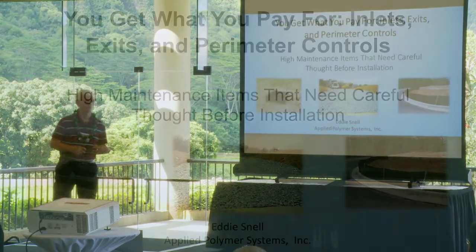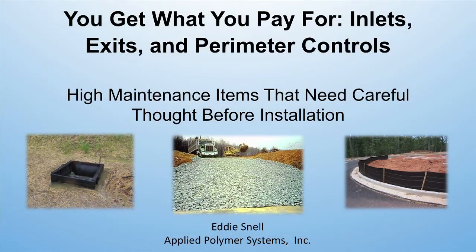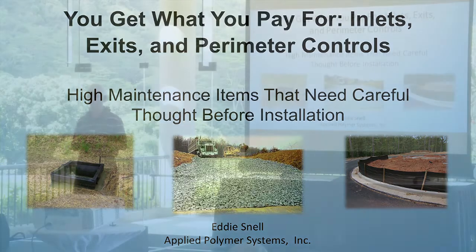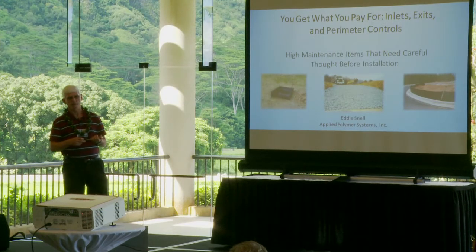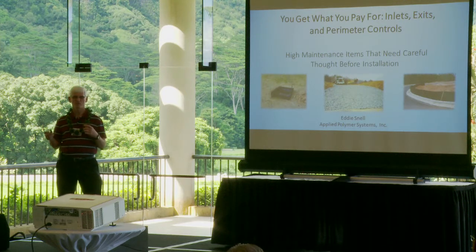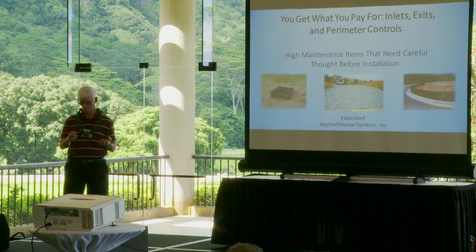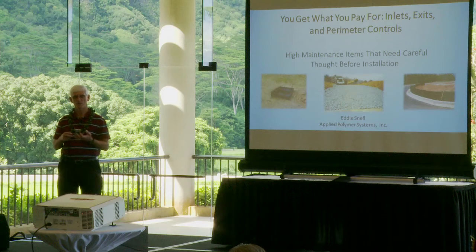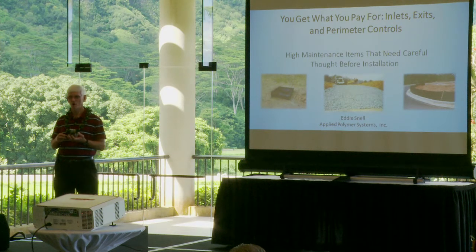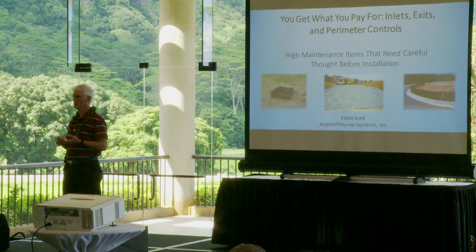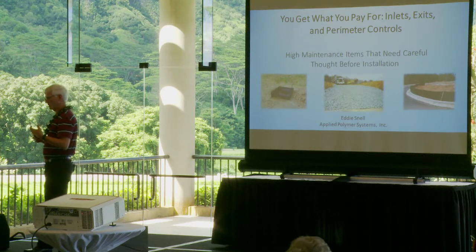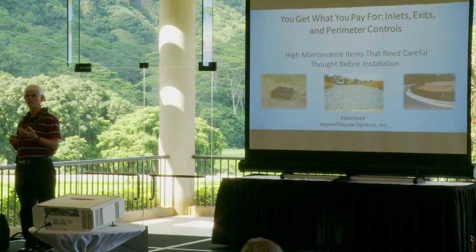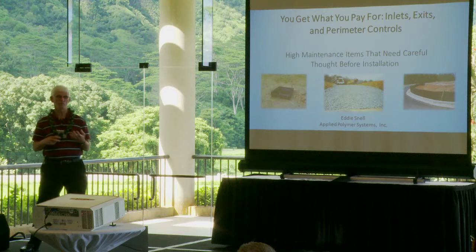All right, so what we want to talk about today is the difference in performance and a little bit in cost on your sets of erosion controls that fall in the category of inlet protection, entrances or tracking devices, and perimeter controls. A lot of people only look at the cost of things. The cost is part of what you should be looking at, but you should also be looking at the sustainability, the potential reusability of the item.